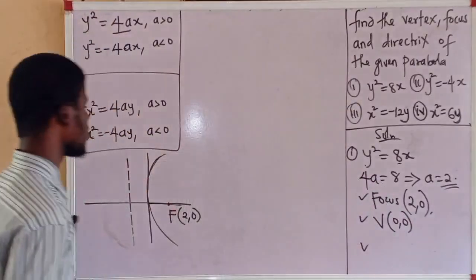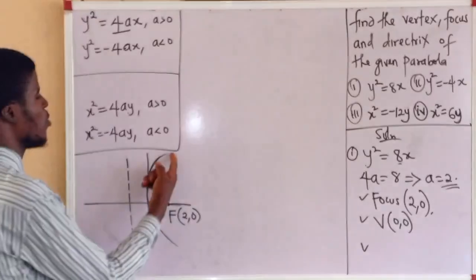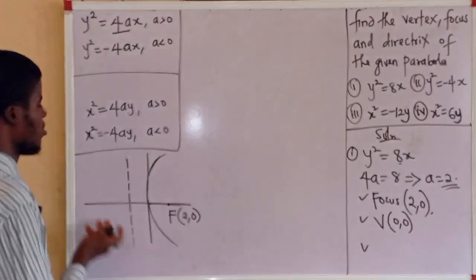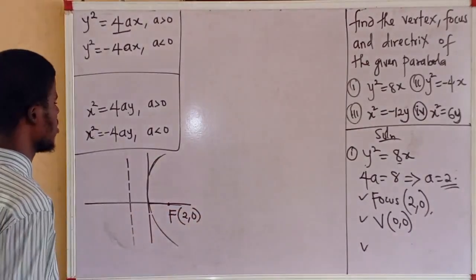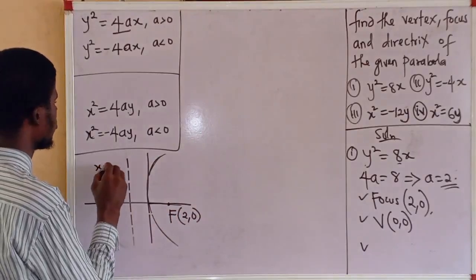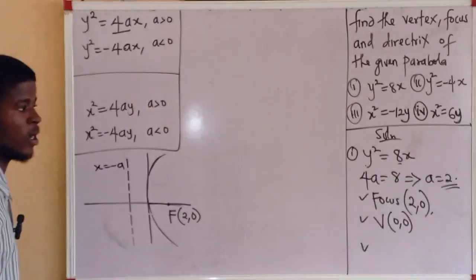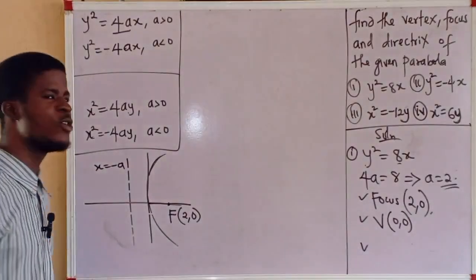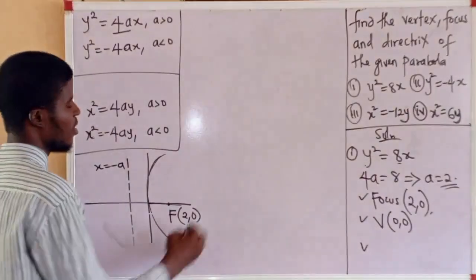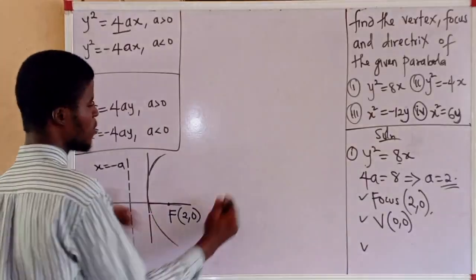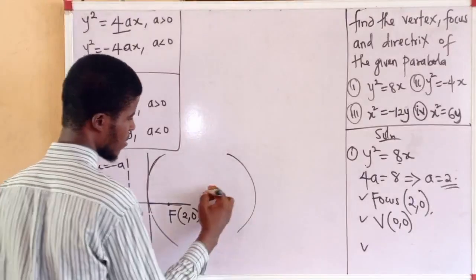For the directrix, we said that if it opens to the right, where it is symmetric with respect to the x-axis, it is x equal to what? Minus a. That's what it is. But if it opens to the left, we have something like this.